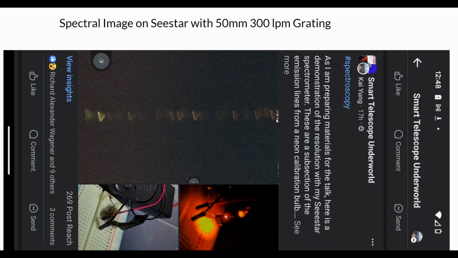So you can get an idea what kind of resolution you can get by having this type of objective grating, using a 50 millimeter square in front of the Seestar. And this is the setup I'm going to use to collect the spectra that will generate the stars I sent.